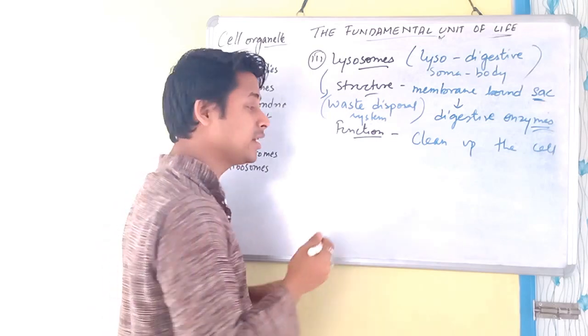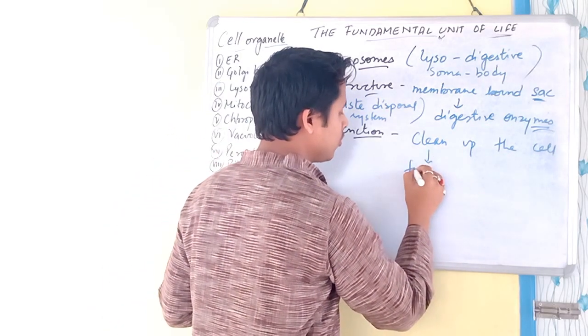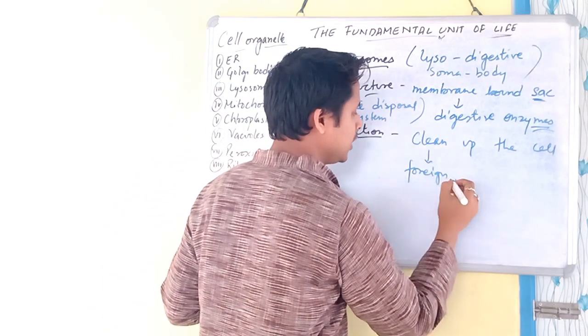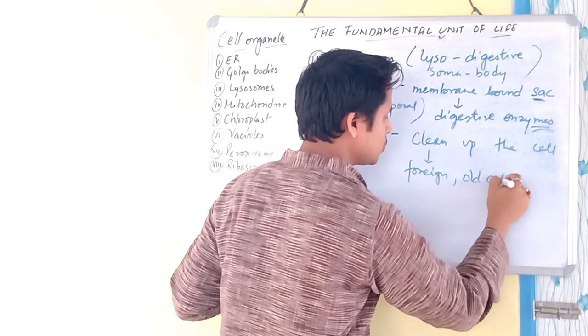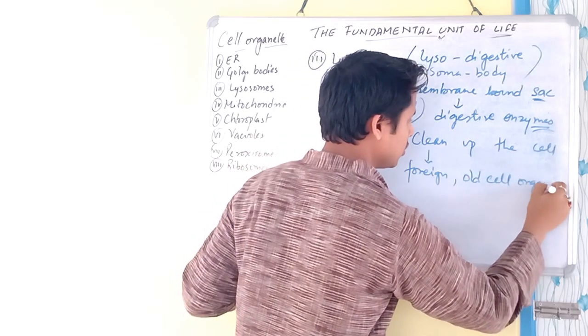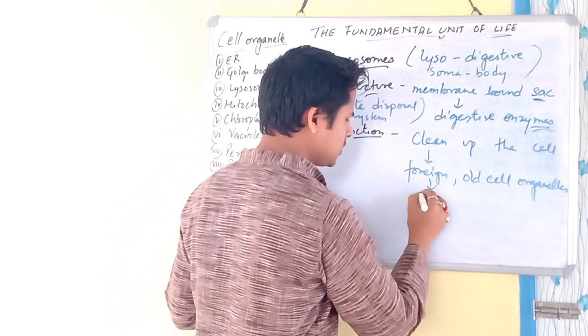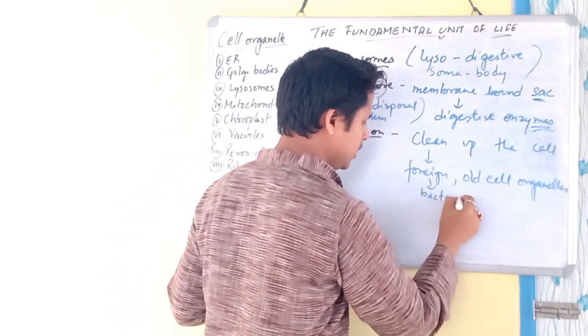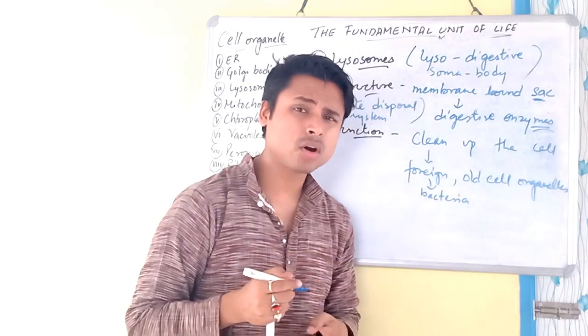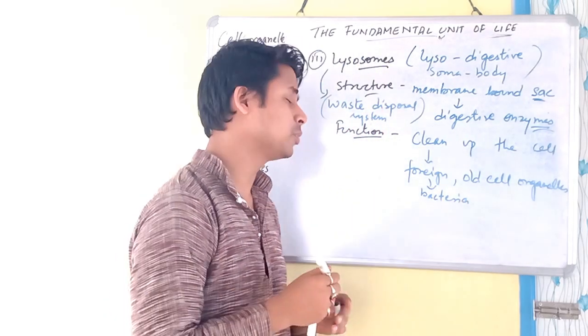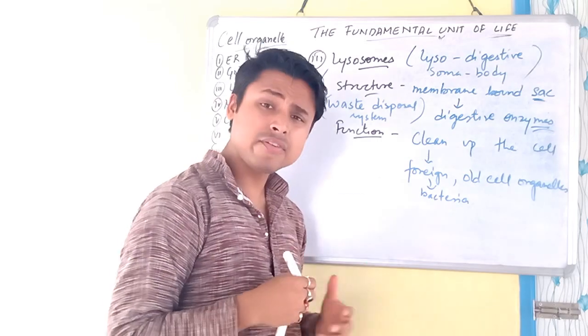What does it clean up? It cleans up foreign materials. It cleans up old cell organelles which are not functioning, the damaged ones. Foreign particles like bacteria, it cleans. If bacteria enters the body, it kills it, cleans it up, destroys it.